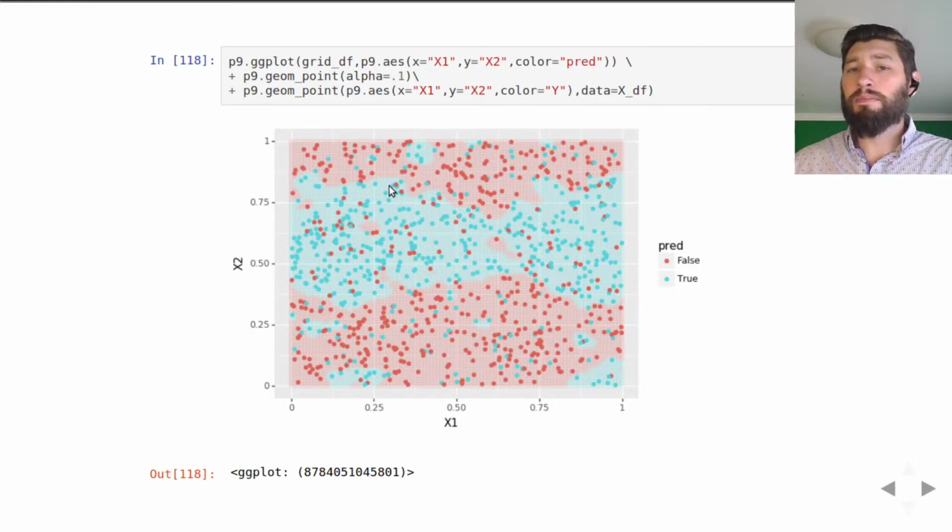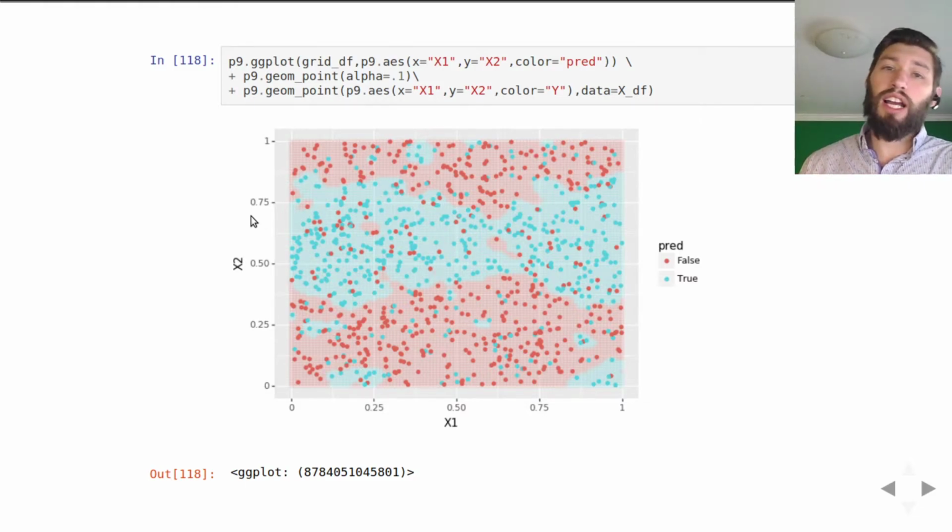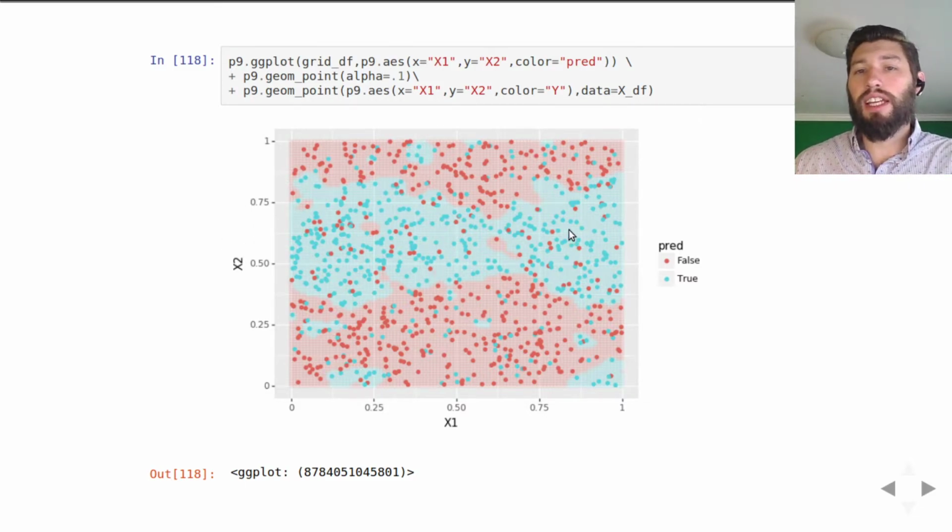And so that's how you can think about kernel SVMs. Go back and look at the formulation and try to get some sense of why we're seeing this behavior, that as we increase gamma, which is decreasing our sigma in the RBF kernel, it gives us this sort of behavior.